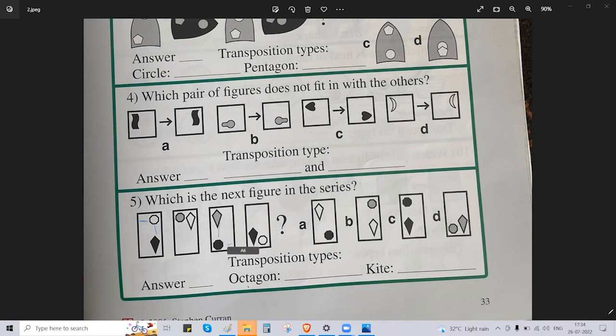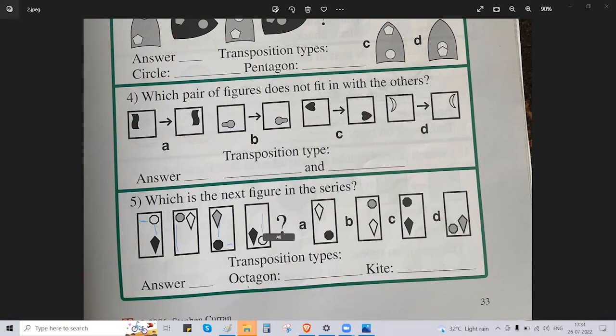Okay. So the answer will be, let's see. This one will go down, so it means this one should go up. Okay.